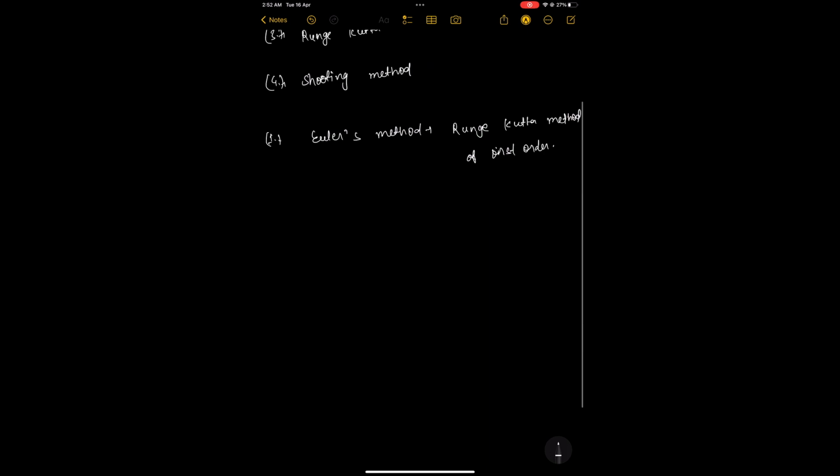What we do in this method is, let's consider an example, dy by dx equals x plus y, and y of 0 equals, suppose, 1. You have to calculate y of 1, and suppose step size h equals 0.02.